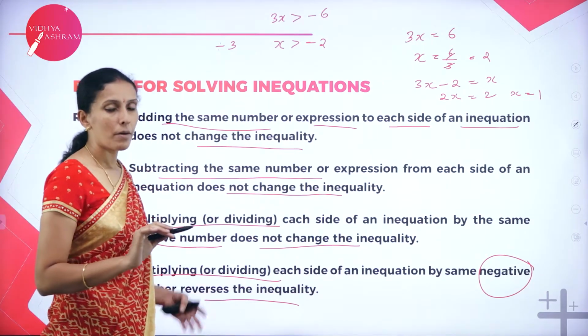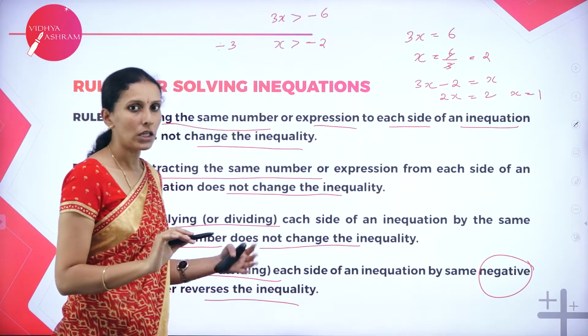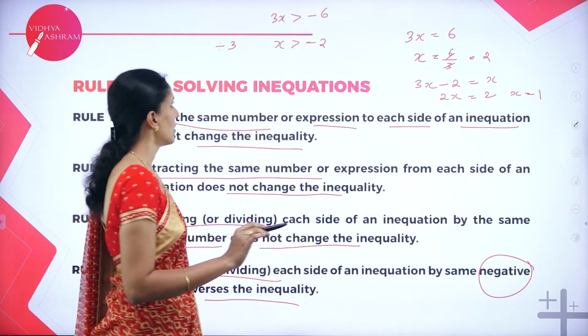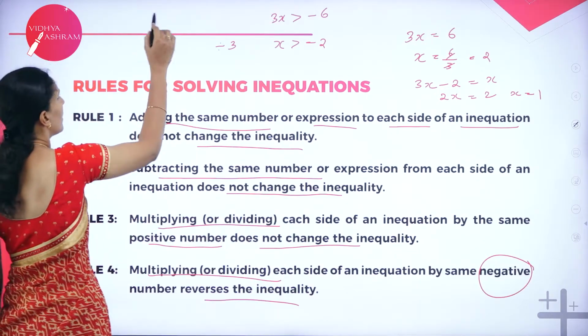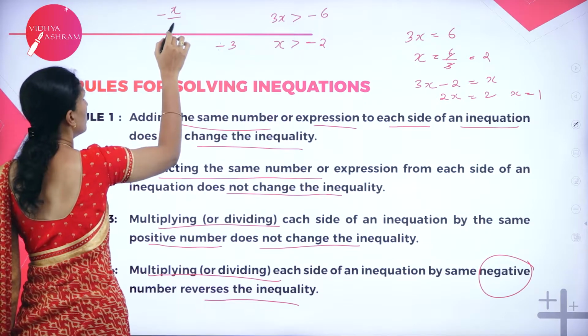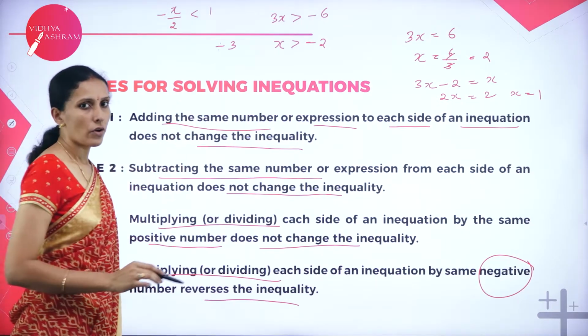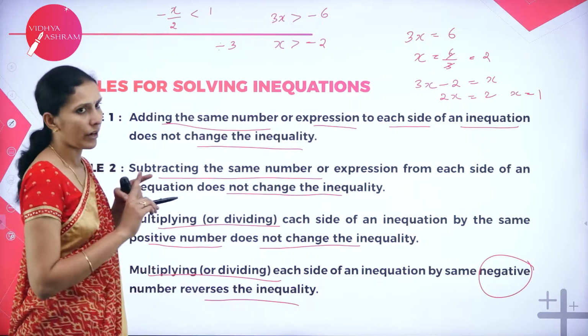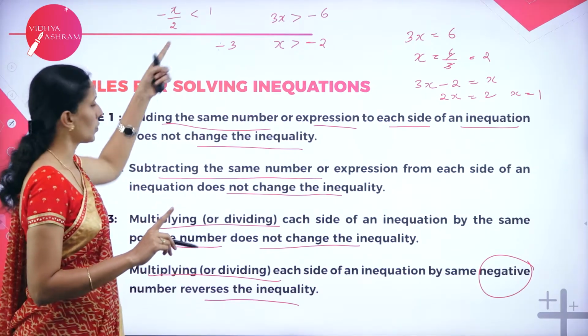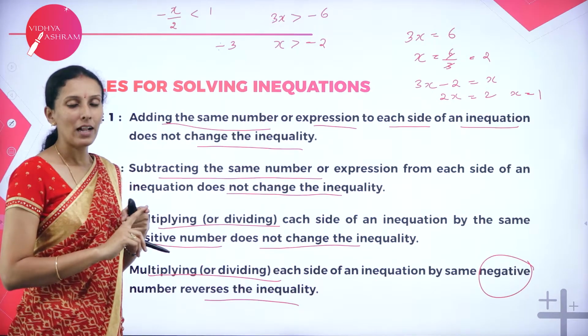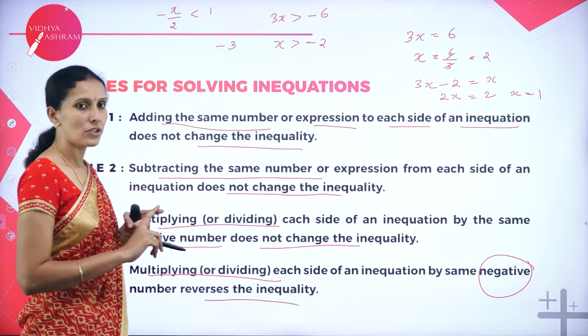But when you are multiplying or dividing with a negative number, what happens? I'll take an example: minus x by 2 less than 1. So here I need the value for x, so I don't want the minus 2 here. For that, what will I do? I'll multiply by minus 2 on both sides.